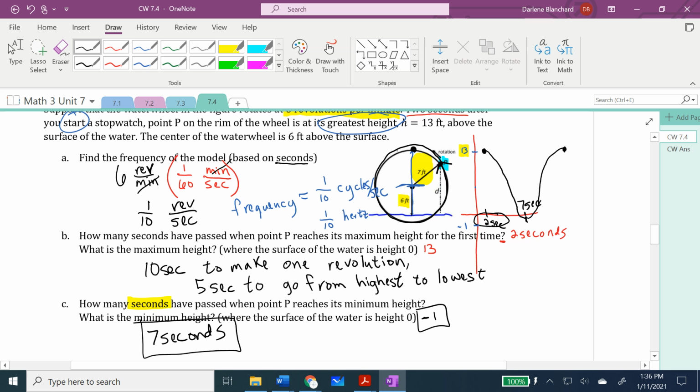As I go through the first rotation, if I'm thinking about starting here, it takes me a certain amount of time to go from this point to this point, and that is a change in distance of 14 feet.